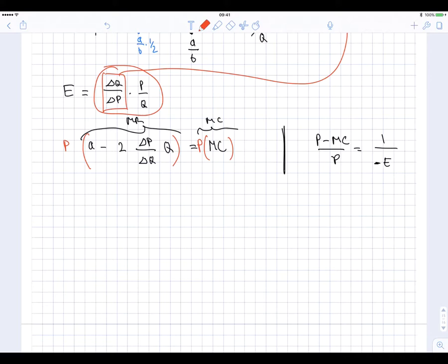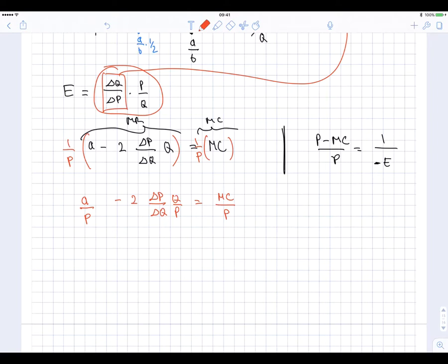So then I'll have A times P minus 2 delta P delta Q. Sorry, I didn't want to multiply them by P. I actually wanted to divide them by P. 1 over P, 1 over P. A over P minus 2 delta P over delta Q times Q over P is equal to MC over P. Is this starting to look a little bit closer to where we're trying to go?